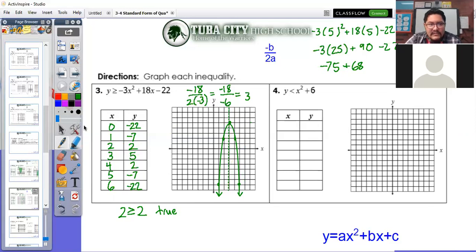Okay, now for this one here, shading it. So the mouth is open towards the y, so that means we shade the top part of the graph. So start on the top and then start shading it. Which in this case, it looks like we got a lot of stuff to shade.